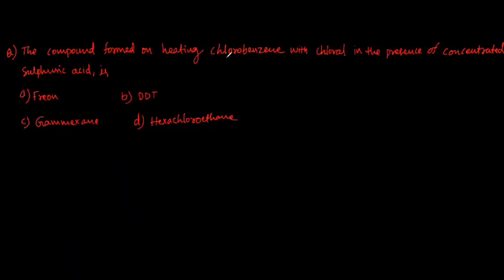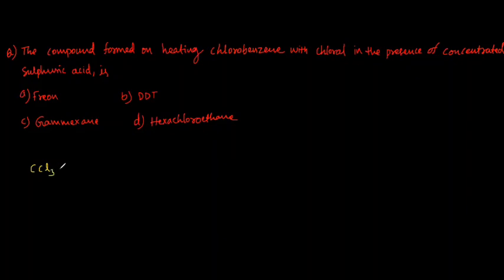What compound is formed on heating chlorobenzene with chloral in the presence of concentrated sulfuric acid? The options given are: A, prions, B, DDT, C, gammexane, D, hexachloroethane. Here, DDT is prepared by heating chlorobenzene and chloral with concentrated sulfuric acid. Now we will see the reaction of DDT.